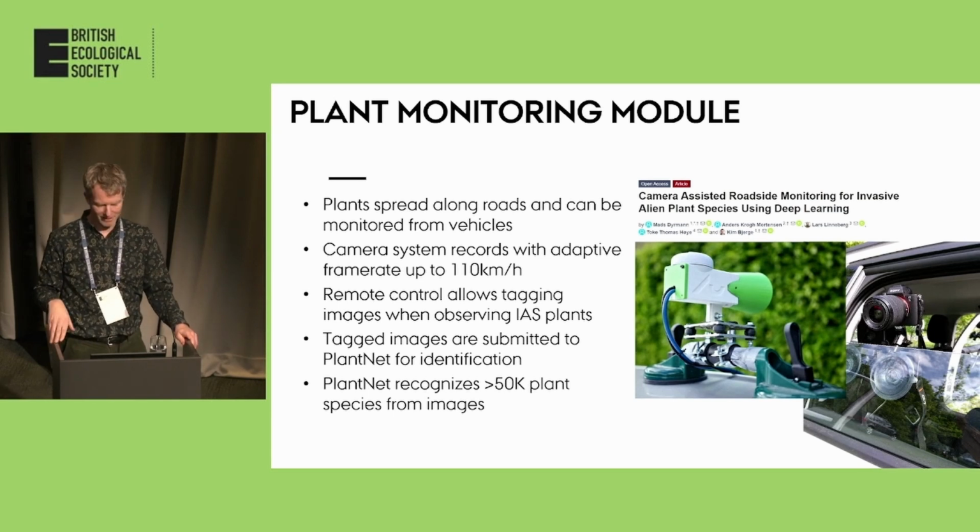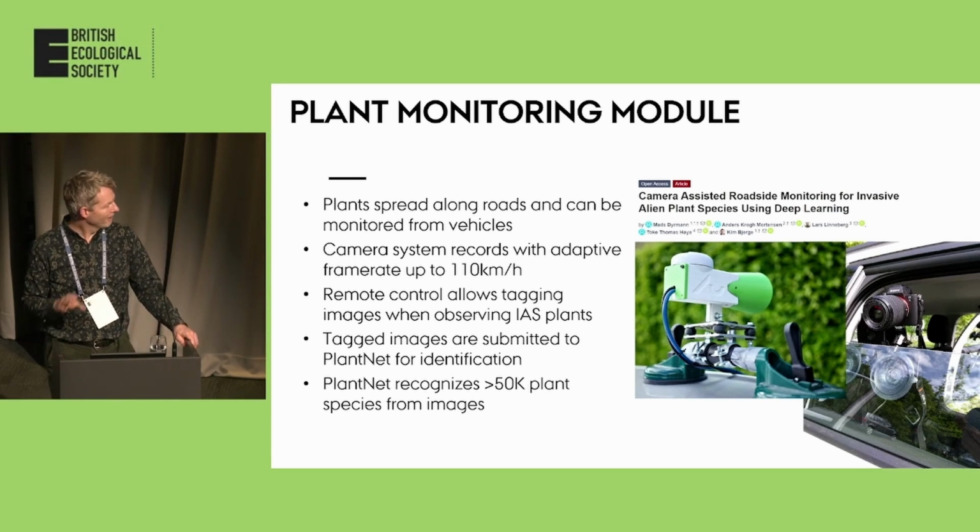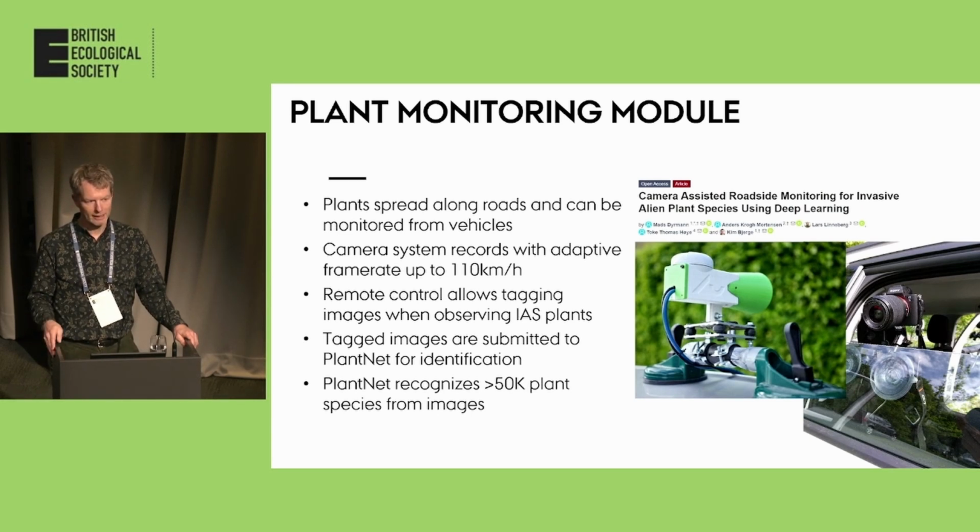So this digital SLR camera was in operation for a couple of years in Switzerland. And the idea is basically that if we can get this to work, then you could fit cameras to cars that are servicing road networks anyway.